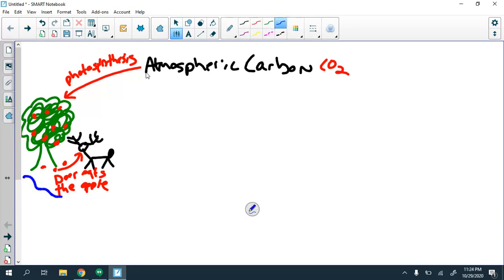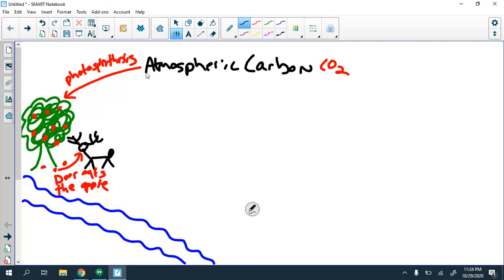Let's add some water. All right, so this is a river. Yeah, so the deer poops. So now we have some of the carbon in the form of cellulose found in the deer poop.